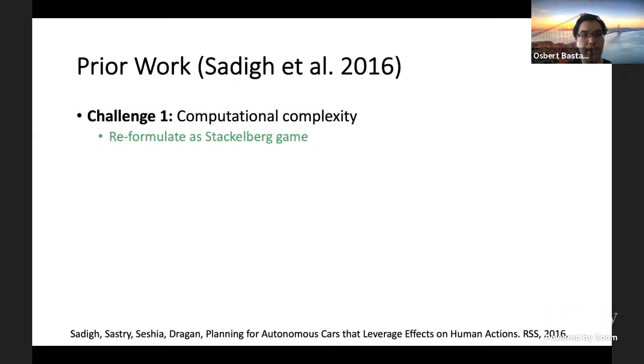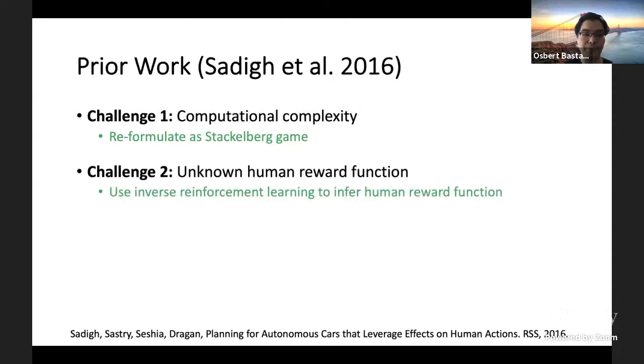So basically, the idea to solve these challenges in this prior work: first, they're going to reformulate the dynamic game as a Stackelberg game, which turns out to be significantly easier to solve. And second, to address the unknown human reward function, their basic idea is to use a technique called inverse reinforcement learning to infer the human reward function from data.